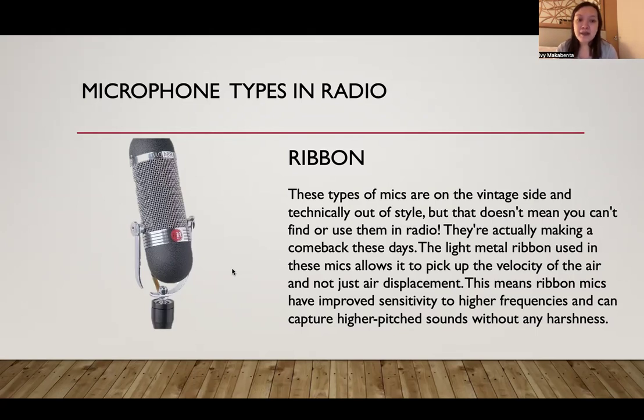This means ribbon mics have improved sensitivity to higher frequencies and can capture higher pitch sound without any harshness. Modern ribbon mics are sturdier and more reliable than their old counterparts, making them ideal for live multi-sound recording in areas where noise level is manageable.